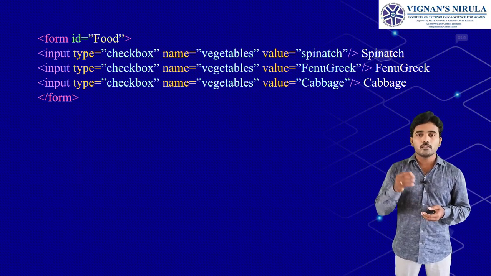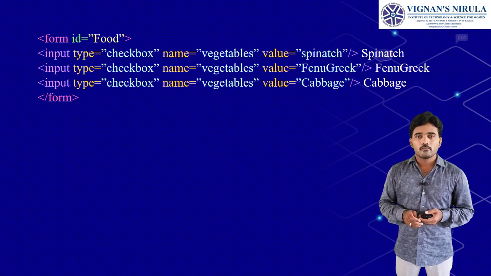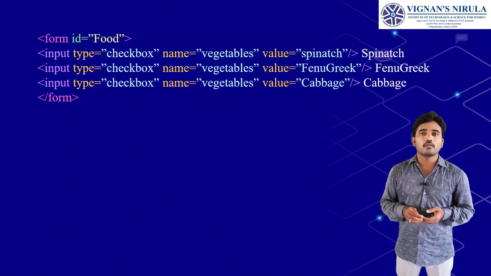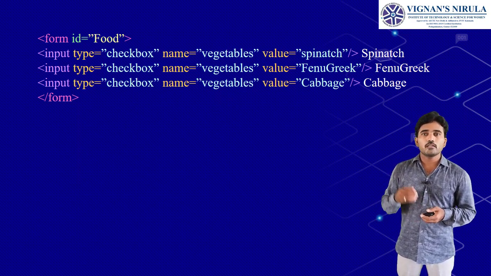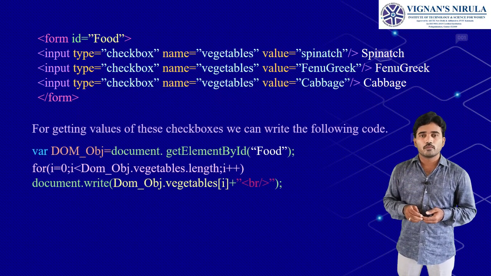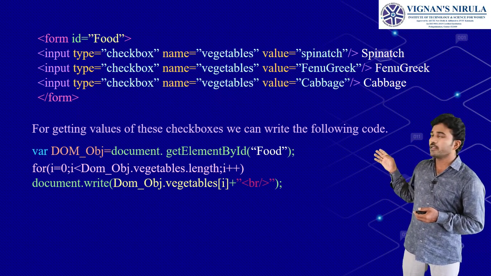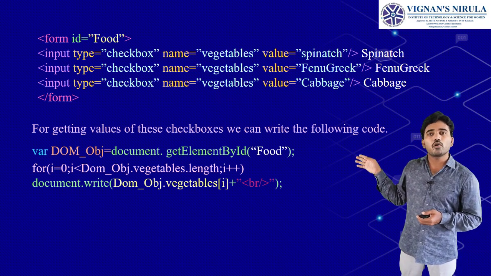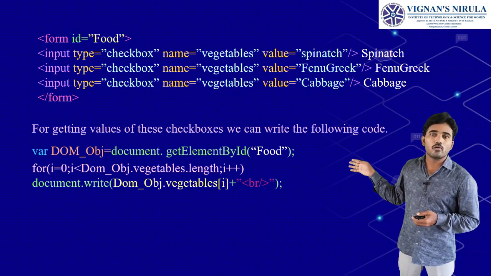How do we access these 3 elements whose names are common? Since there are 3 elements, we need to use a for loop. For getting the values of these checkboxes, we can write the following code.